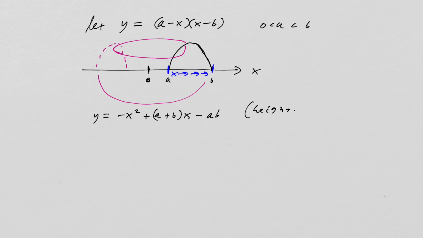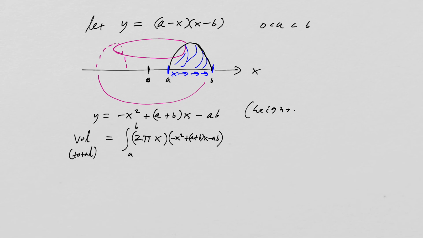We're going to integrate through to get all those shells as we go around. So the total volume is going to be the integral from a to b of 2 pi times x times the height, negative x squared plus (a plus b) times x minus ab, dx. So now we've built our integral that actually computes the volume of this bundt cake shape.